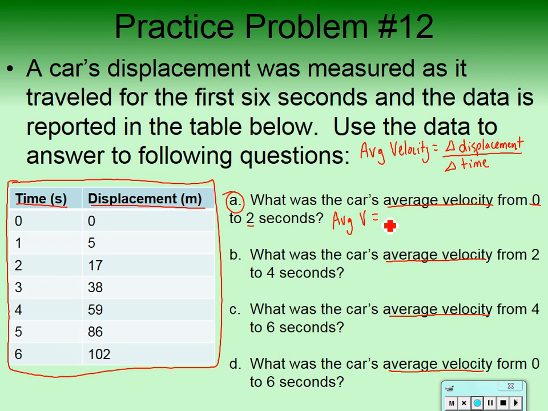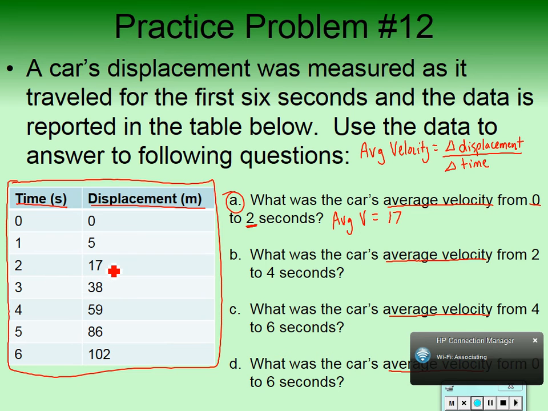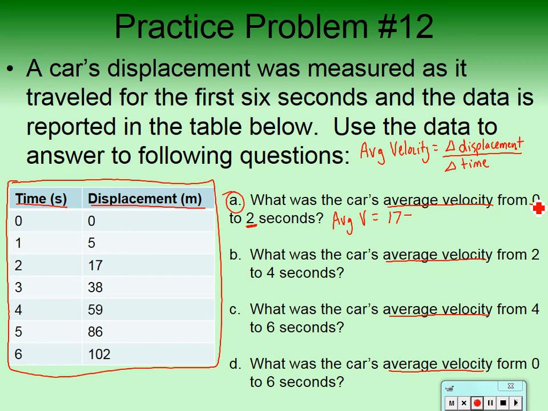Average velocity is equal to displacement final, which would have happened at 2 seconds. That was the final displacement, so it's 17. See where I'm getting that? So at 2 seconds, it was 17 meters away. That's the displacement final, minus the displacement initial, which in this part would be at 0 seconds. The displacement initial is 0.